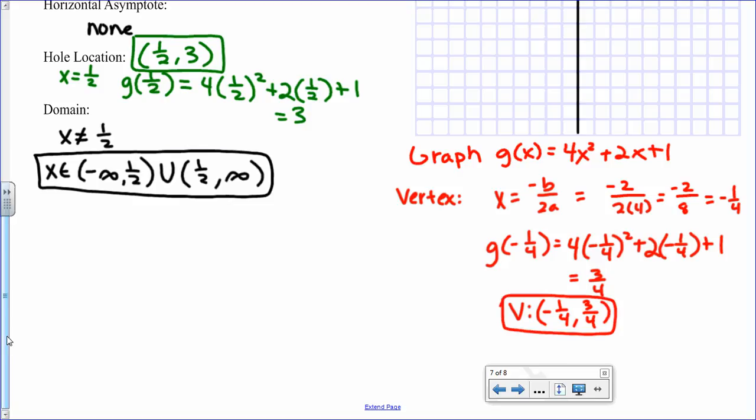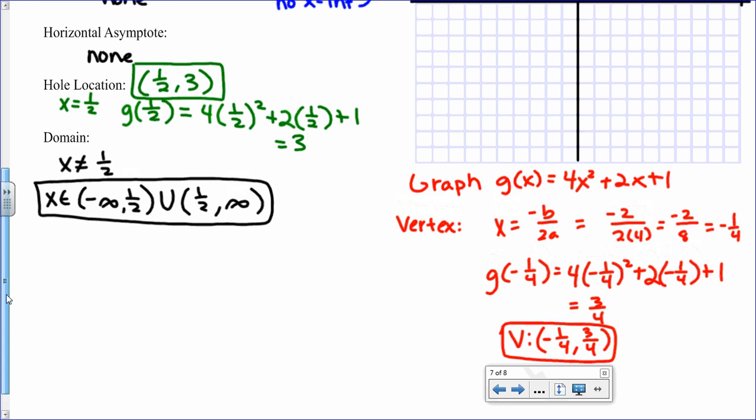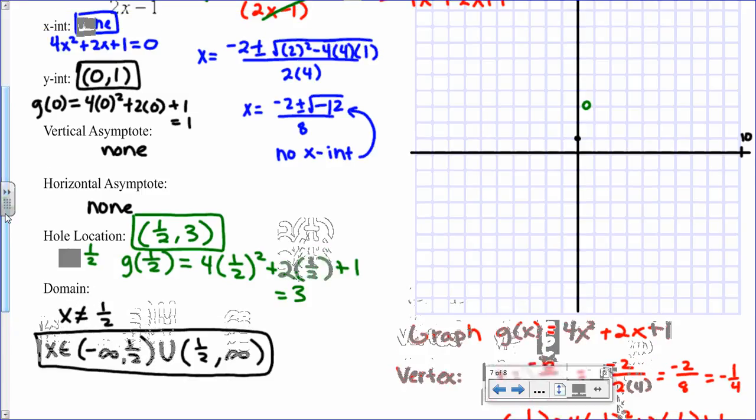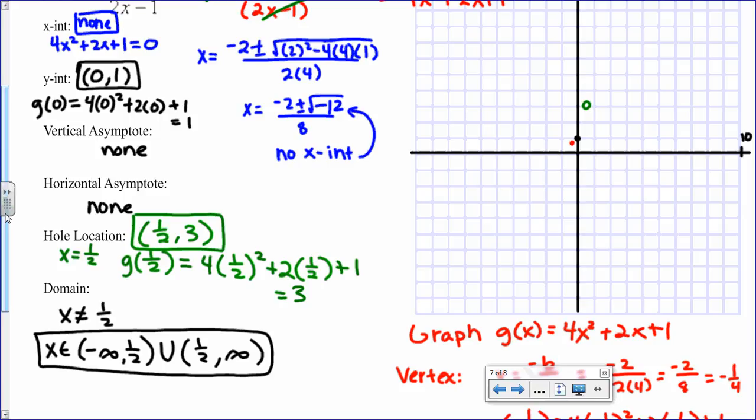Okay. So I'm going to graph that point. And then remember, quadratics, parabolas always have an axis of symmetry. So I am going to do that. Okay, so negative 1/4, 3/4. It's really close to that point. All right, I'm going to draw the axis of symmetry, but I need to label that's what it is so we know it's not an asymptote.